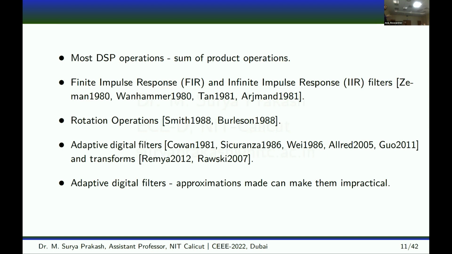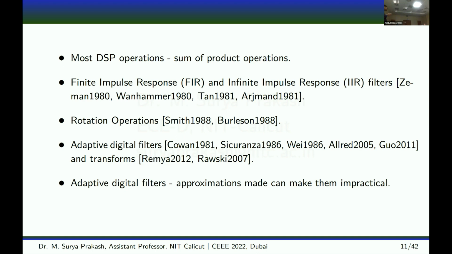So in DSP we have finite impulse response filters and infinite impulse response filters. The output of these 2 filters is basically the dot product of the input vector and the weight vector. So these have already been implemented using distributed arithmetic. And then we find even the rotation operations in digital signal processing are also implemented, and adaptive digital filters.